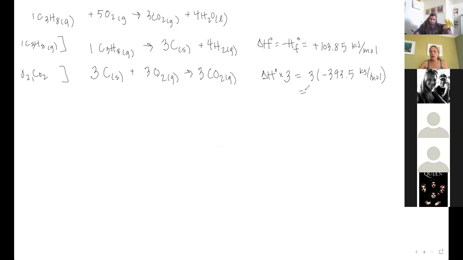If we type this in our calculator, it's roughly 1200. I didn't remember to write down what I got, 393.5. So, 1180.5 kilojoules per mole.